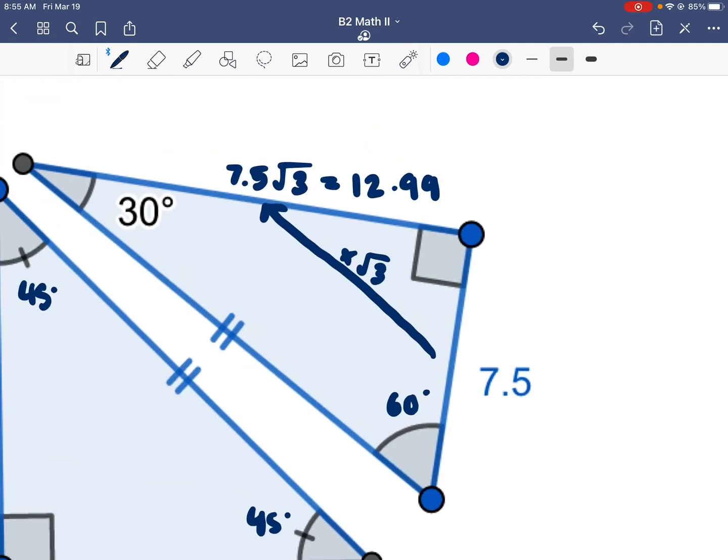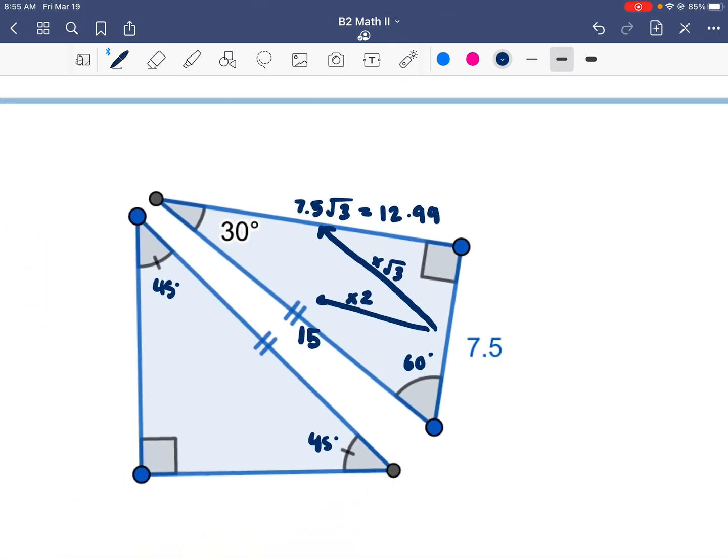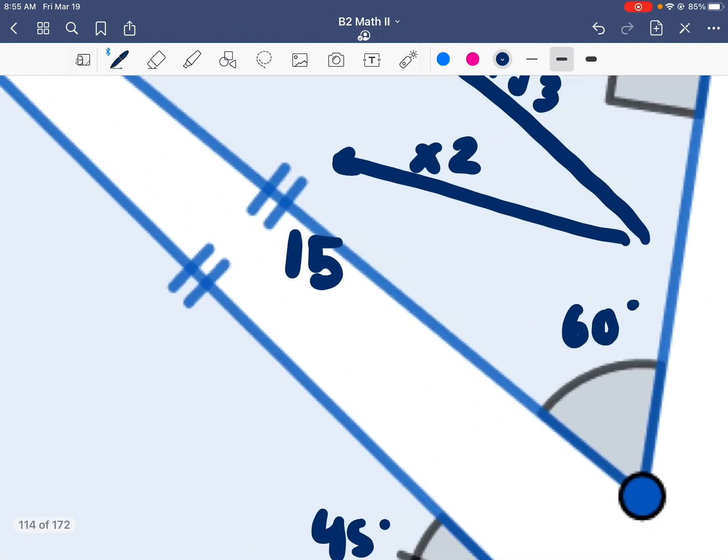I'm getting a decimal because I started with a decimal, but like I said, it's not super bad to just leave it as the 7.5 root 3. Then we have the hypotenuse is twice as big as the shortest side, so 7.5 times 2 is 15 for this side.